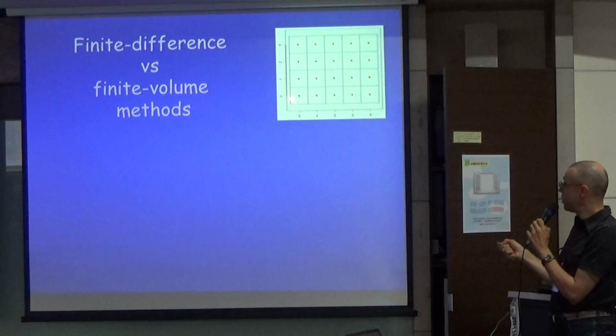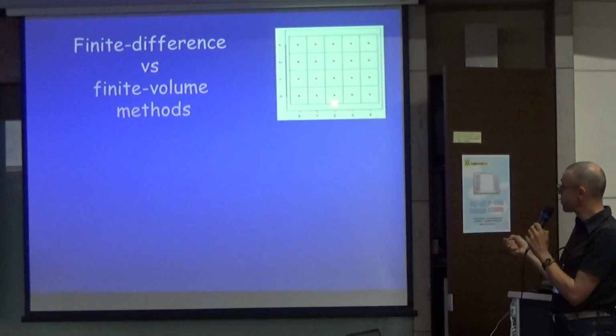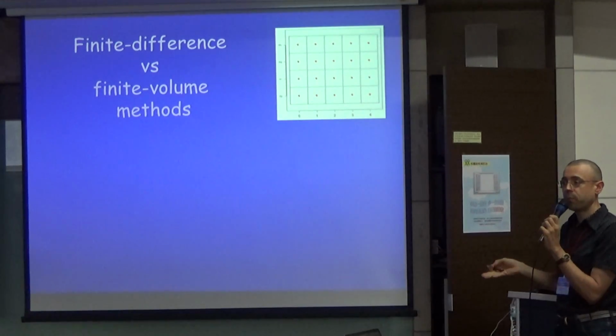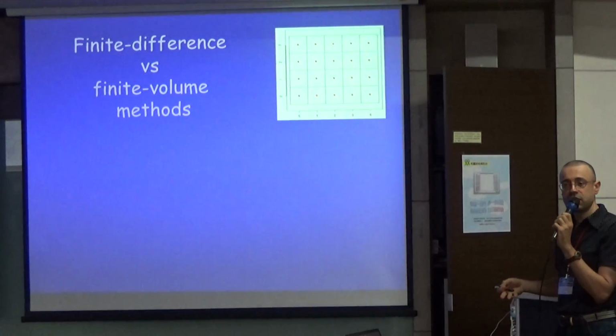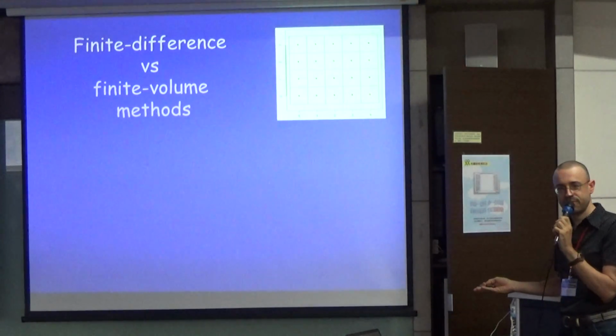At some time 0, at the next time step, this density will have changed according to how much flux of density has entered from all sides, from this side or from this side, and how much flux of density has gone up. Right? Does it make sense?